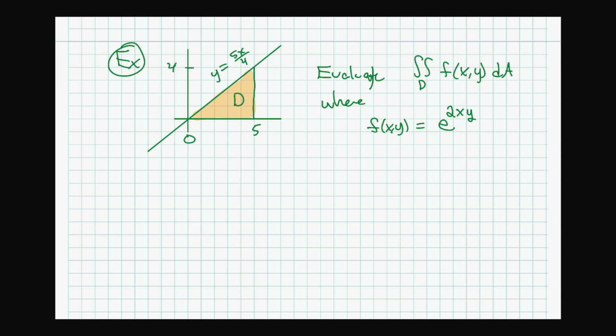Will I regret that? No, I won't. Oh, yes, I will. I'm not going to do that. Let me change it. Let's go e to the 2x sine, no, y squared. Okay, this will be perfectly doable, I think.